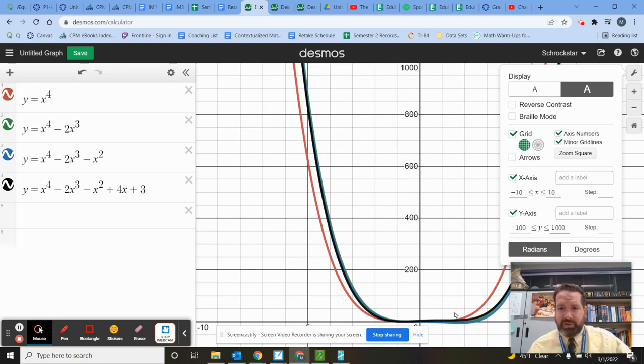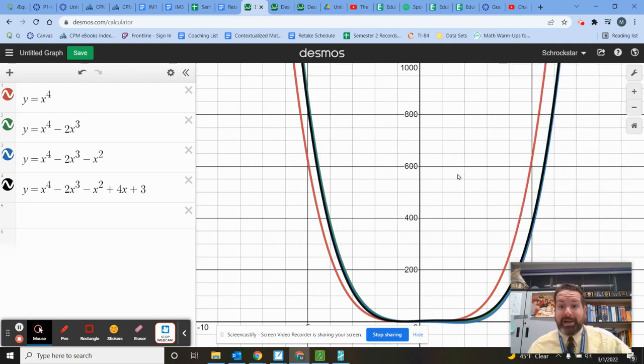So now my y's are going from -100 up to +1,000. And already, I hope you can see that these graphs are still different, but they're starting to look a lot more similar. Those tiny humps and dips, when you zoom out, don't show up as much. And what I'm seeing is that all of these graphs, as I go to the left, are rising, and as I go to the right, are also rising.